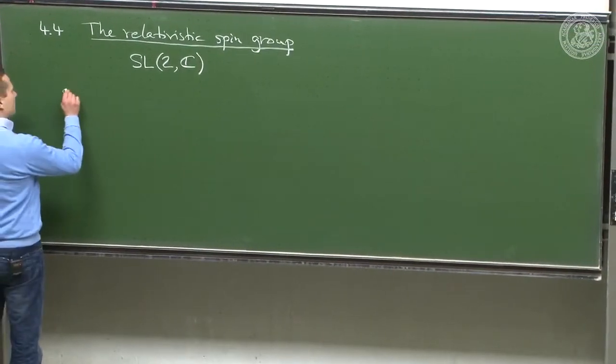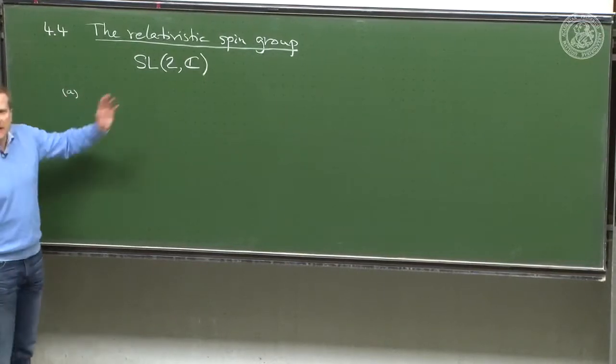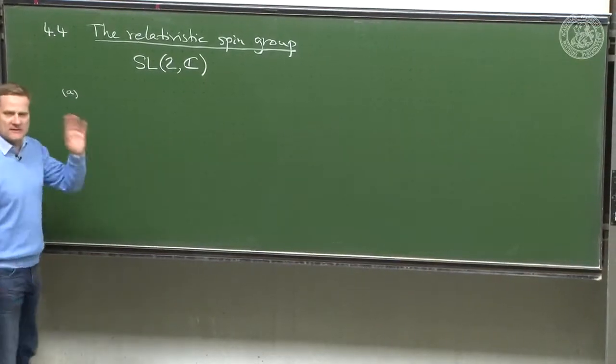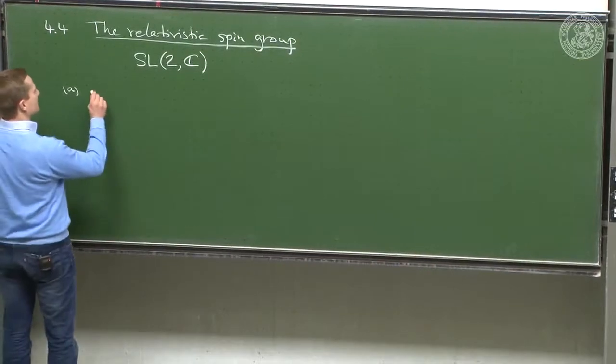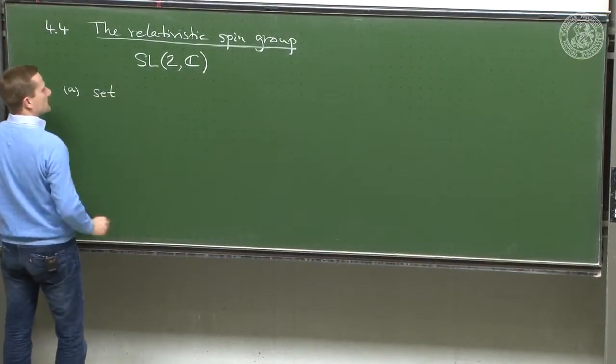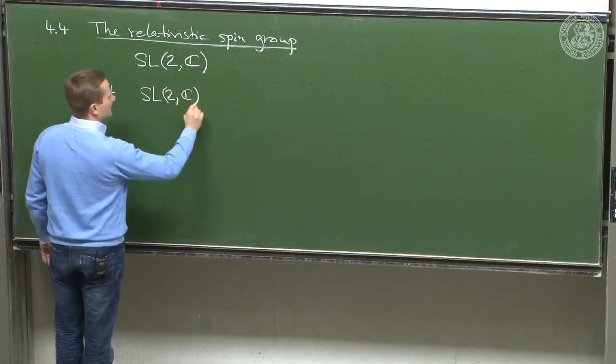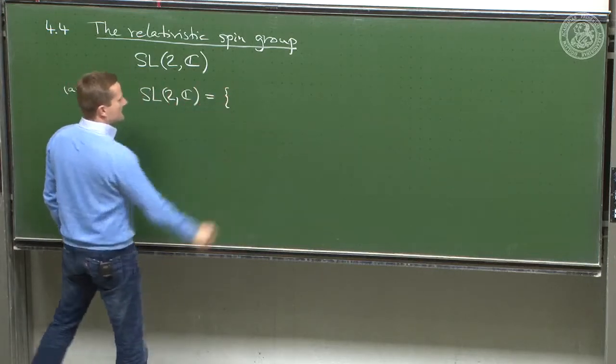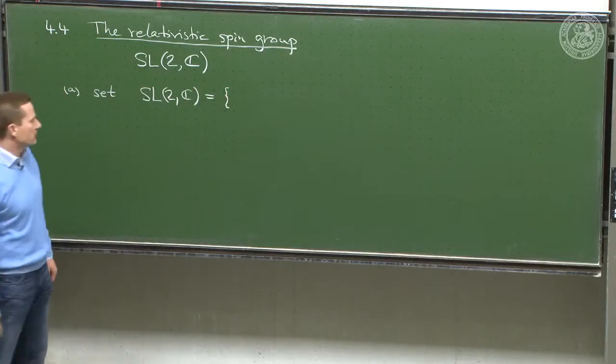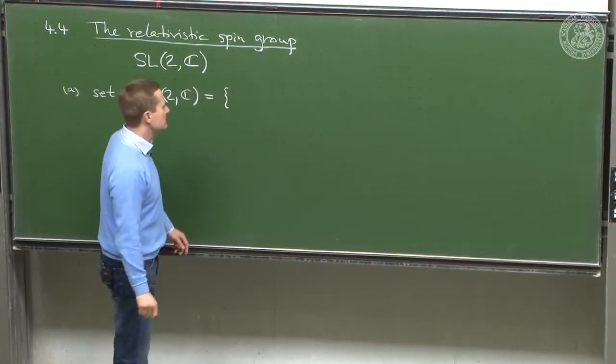Okay, so let's first start with the definition of this guy. And first and foremost, before it's a Lie group or whatever, it's a set. It's a set, and this set has a definition. SL2 C is the set of 4-tuples, okay, quadruples.